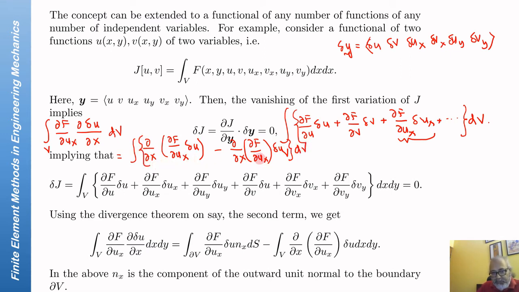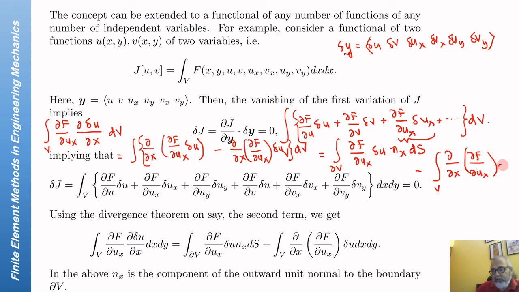If you take the difference between these two terms, this is what you will get. Now to the first term, I can apply the divergence theorem. So you have del x here, so you will get an nx, so it will become a derivative on the boundary, and you will get del f/del ux times delta u nx integrated over the boundary, minus this will remain a volume integral, which will be del/del x of del f/del ux delta u dv.